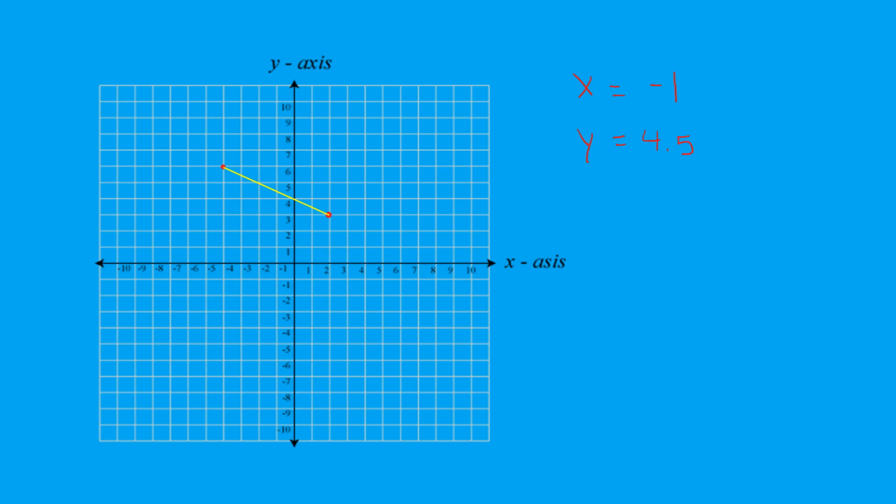All right, so here we go. Here goes our -1 up to 4.5, which would be right here in between the 4 and the 5. And yep, that's it. That is it.